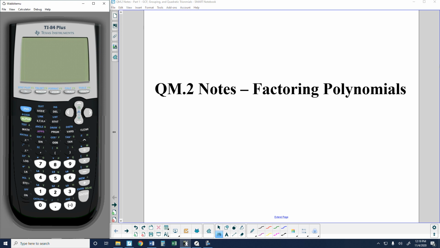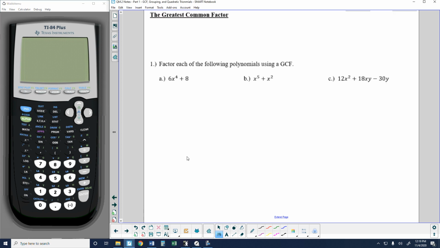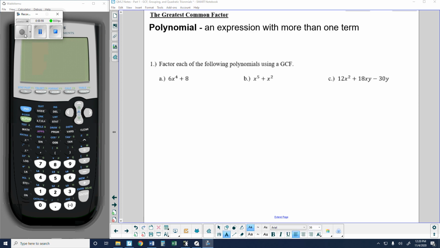Before we begin, let's look at a couple of definitions. So our first section is the greatest common factor. We are going to factor polynomials using the greatest common factor. In order to do that, we should cover what a polynomial is. A polynomial is an expression with more than one term.